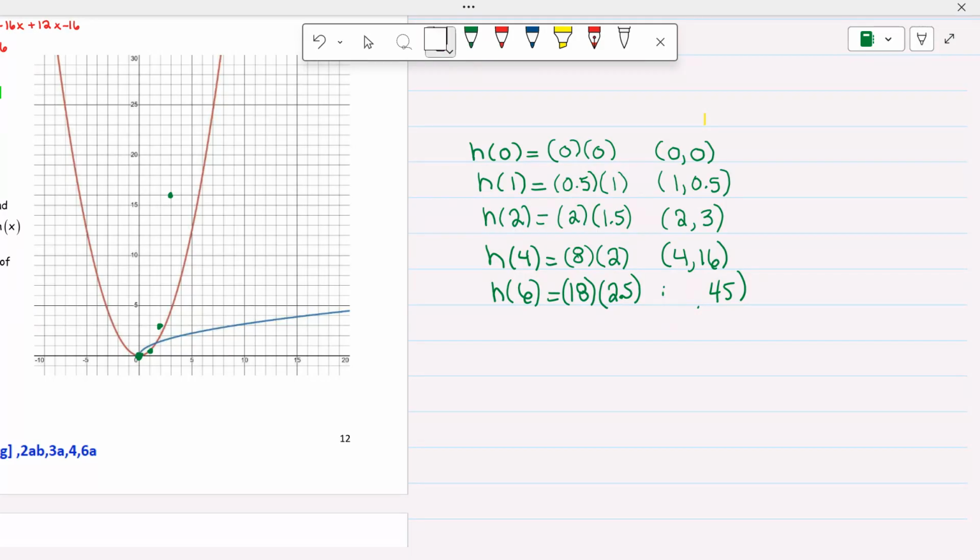Sorry, guys. Write them down, right? But 45 is off the grid, so I can't sketch that one. So that's enough. So we have our nice little curve, and up we go.